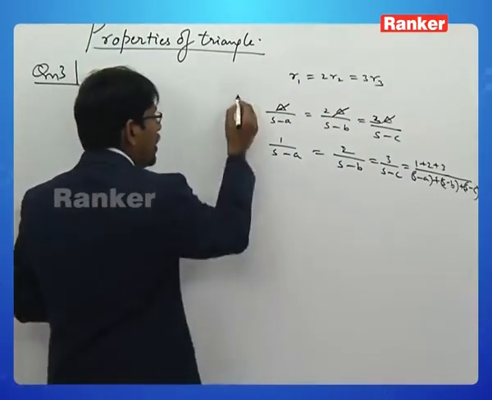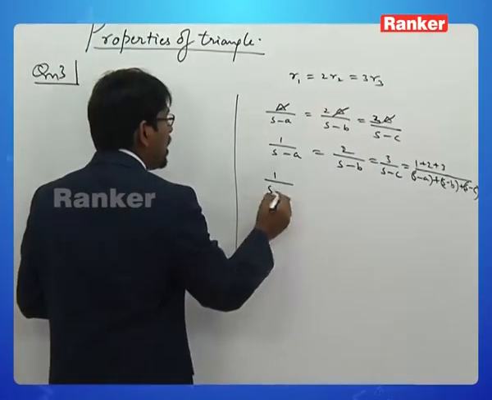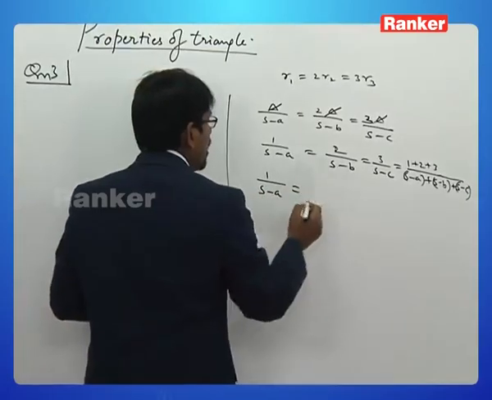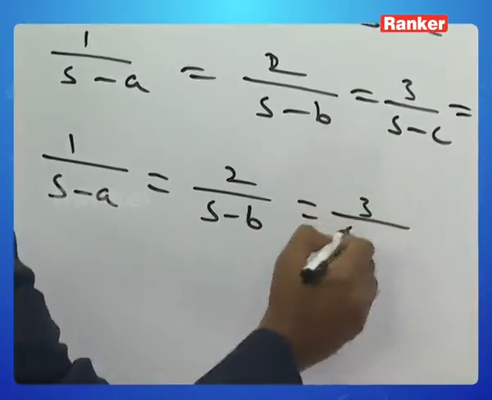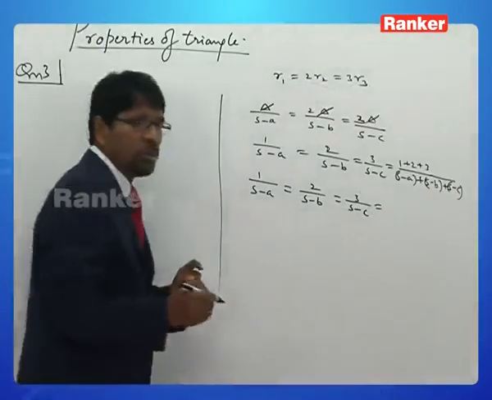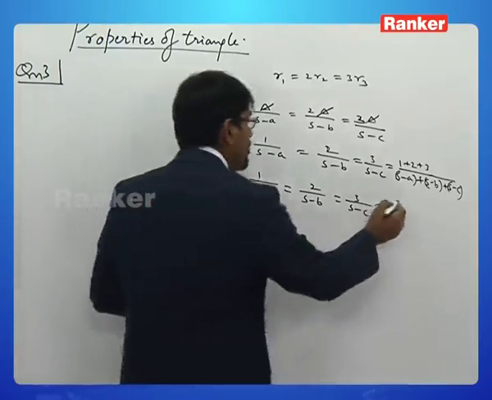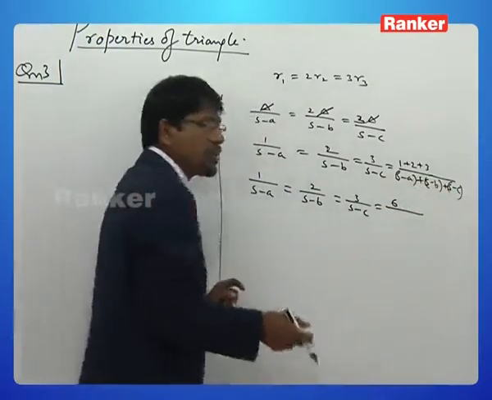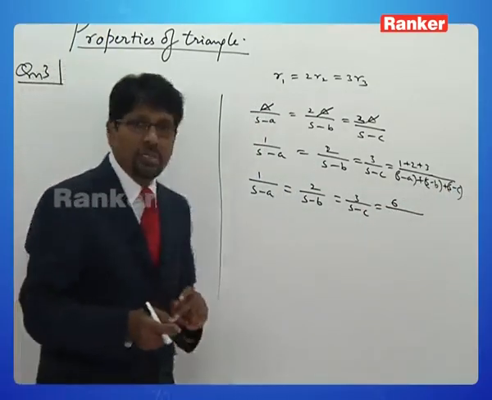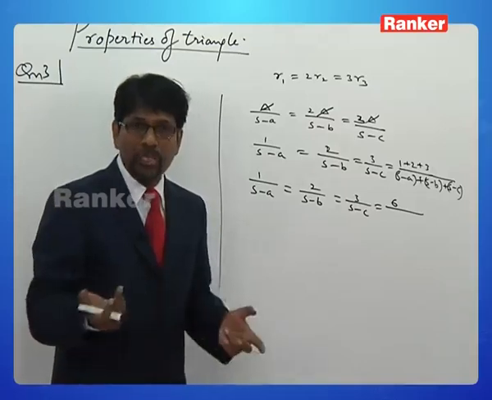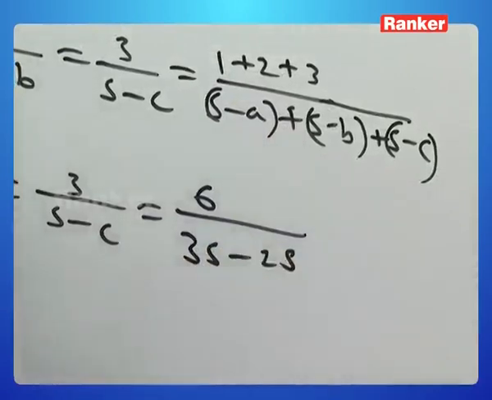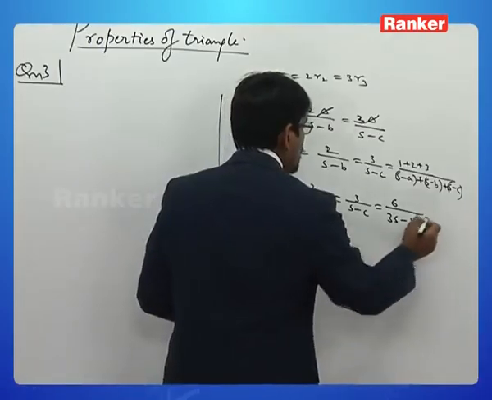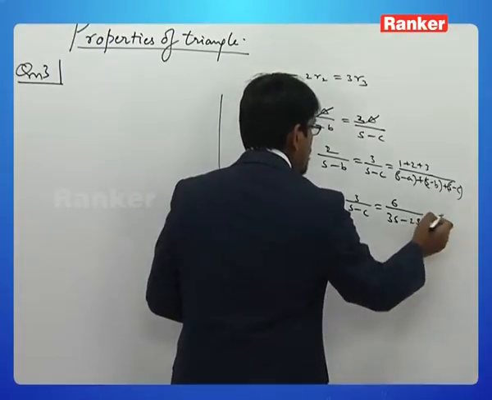That is, therefore, 1 by S minus A is equal to 2 by S minus B, and that is also equal to 3 by S minus C, and each is equal to 6 by 3S minus A plus B plus C. What is A plus B plus C? 2S. So what do we have here? 3S minus 2S, that makes it 6 by S.